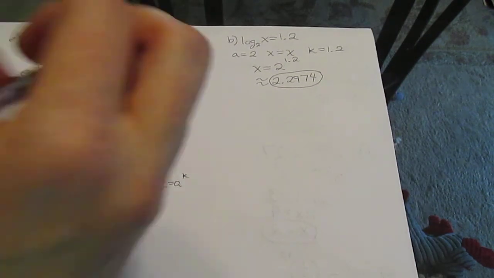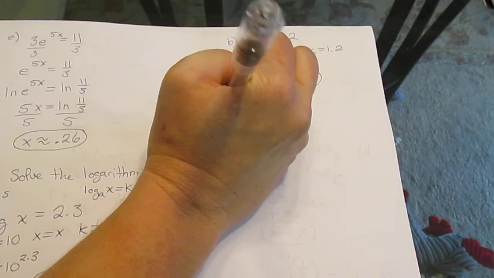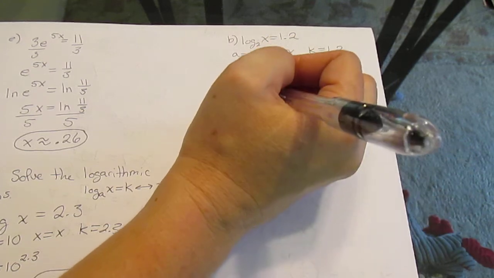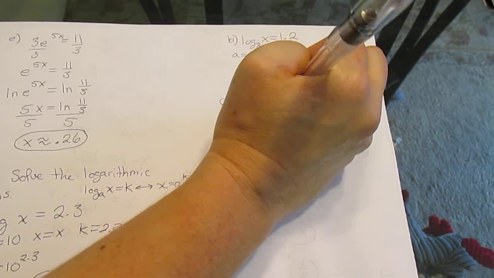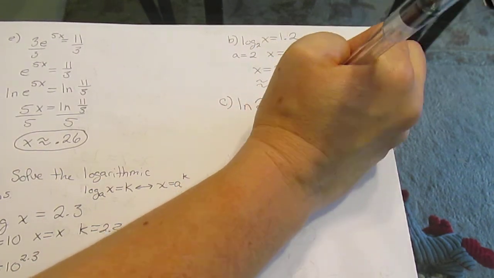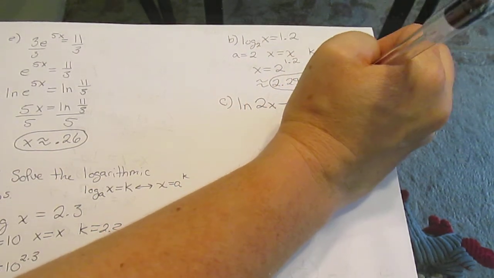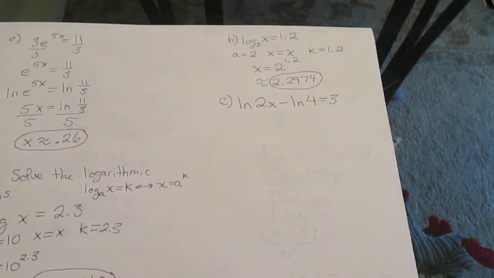Okay, we'll just do a couple more. Part C, I've got ln 2x minus ln 4 equals 3. Okay, well in this one, we need to do what we learned in the last section. We need to condense. We need to put our logs together.